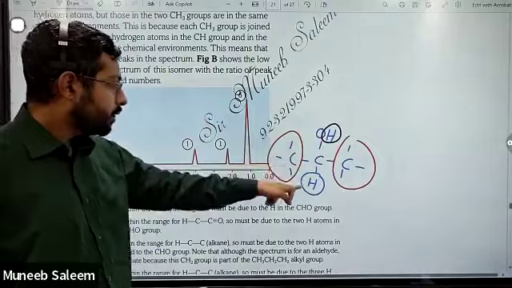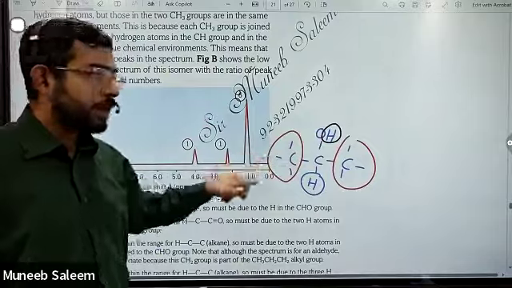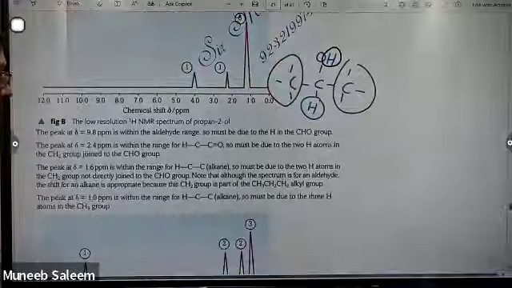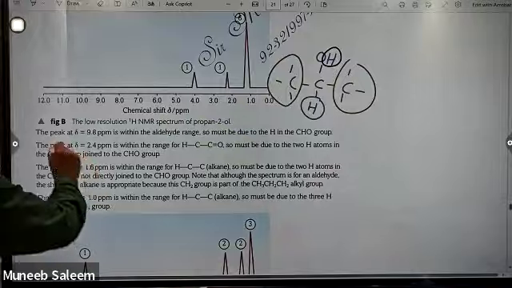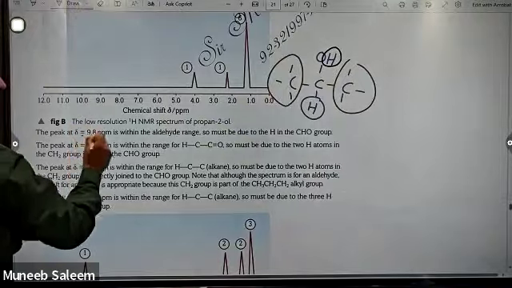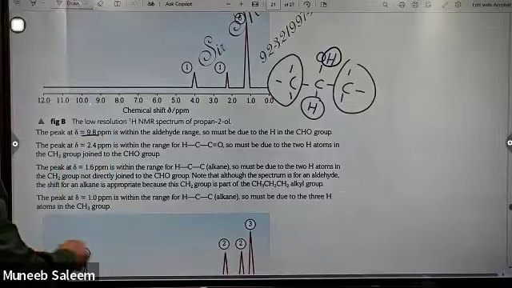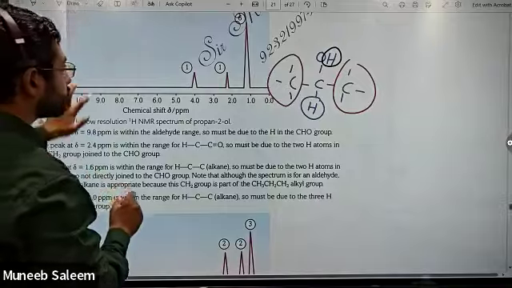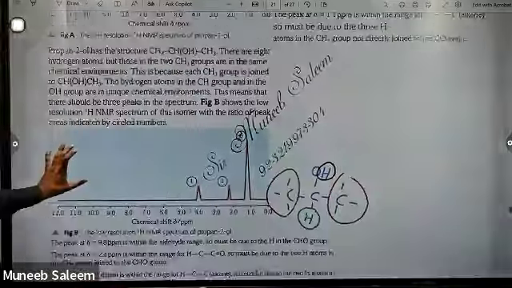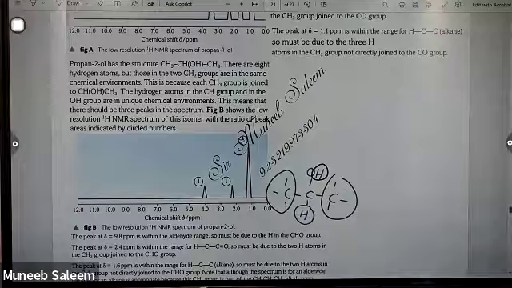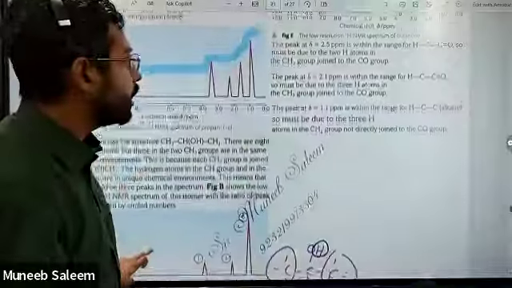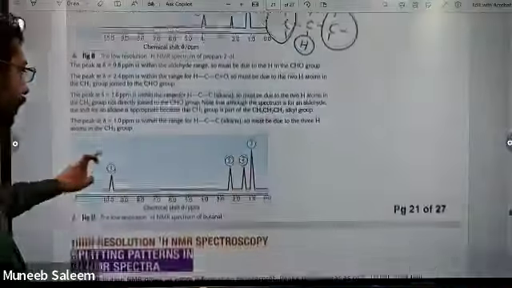The one is representing this hydrogen, or it could be this one, that you need to check from the table by reading the values. You need to use the values from the table to understand how they are showing different values.